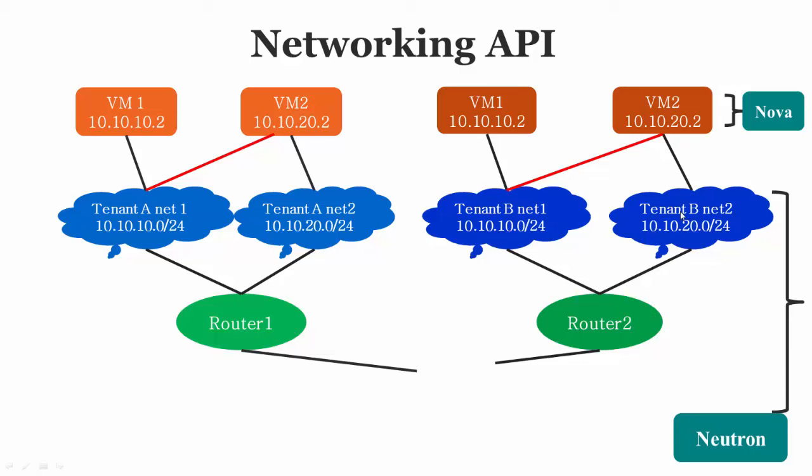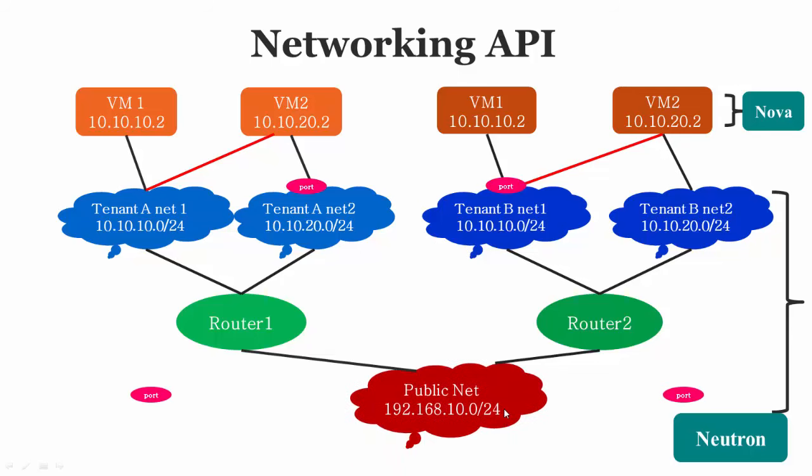All tenants must be connected to a router to connect to public network addresses. And on the previous page, I already explained the concept of the port. Port means that each virtual machine needs to connect to a tenant.